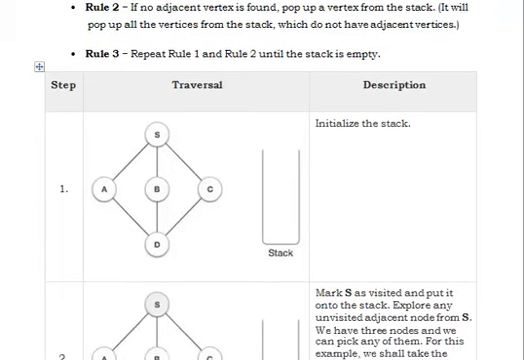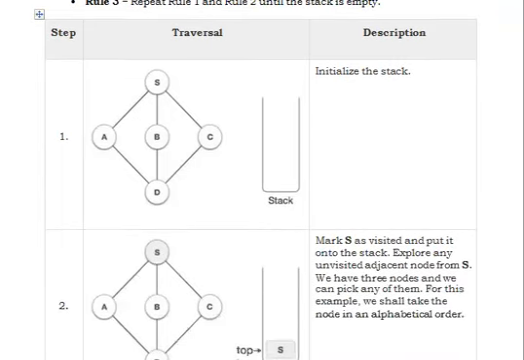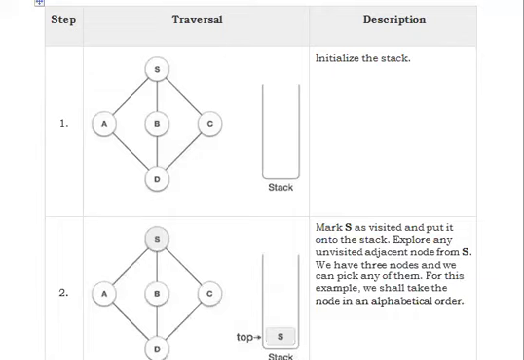Here, this is one of the examples for depth first search traversal. Initially there are 5 nodes. We start by initializing the stack for storing the data, and initially the stack will be empty.